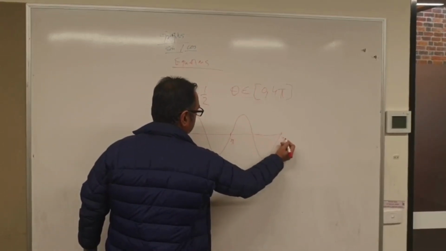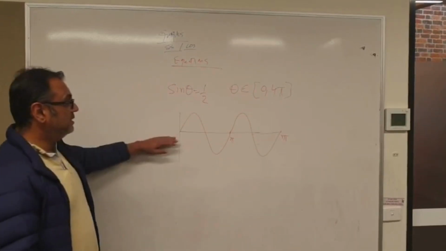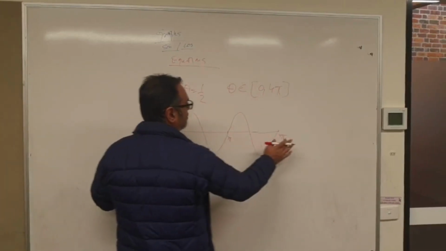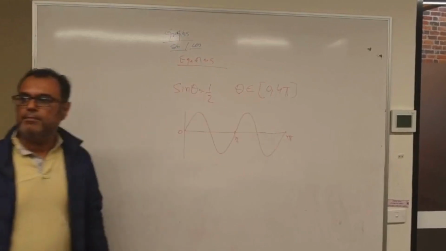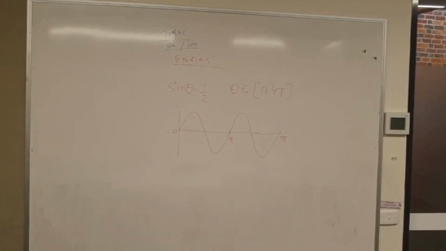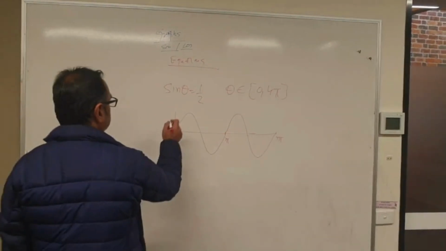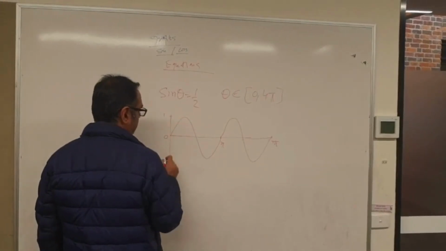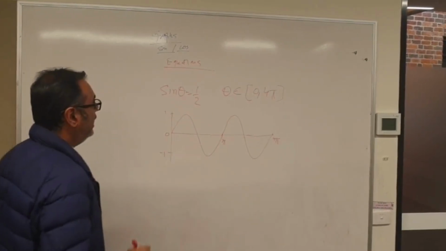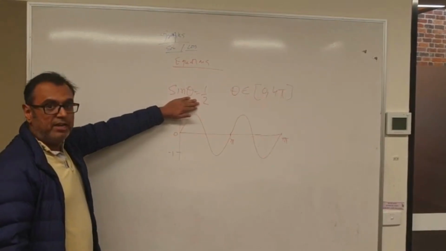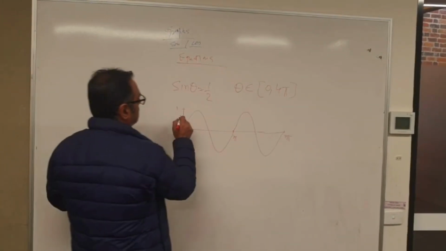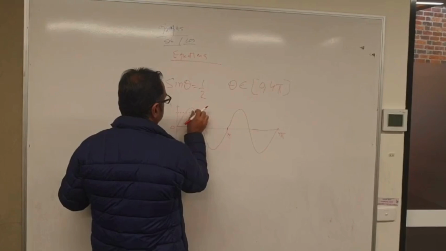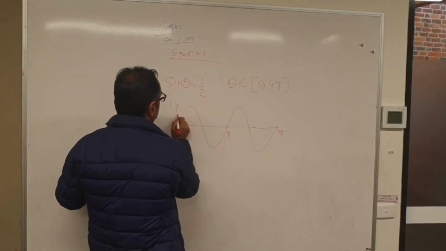Four pi. So that's my domain, 0 to 4 pi. Correct? Now the amplitude is 1. I am after a positive value of sine theta. Let's say this is half, bang in the middle.